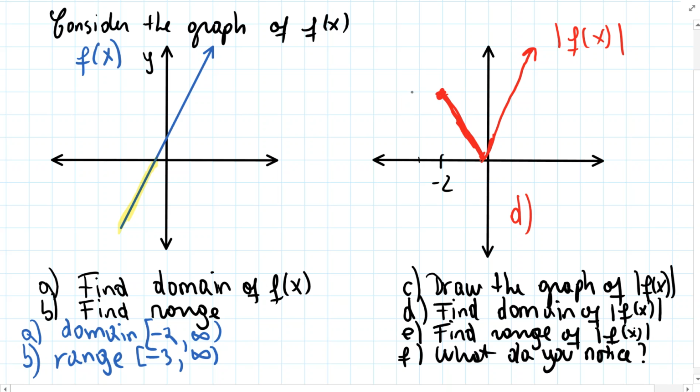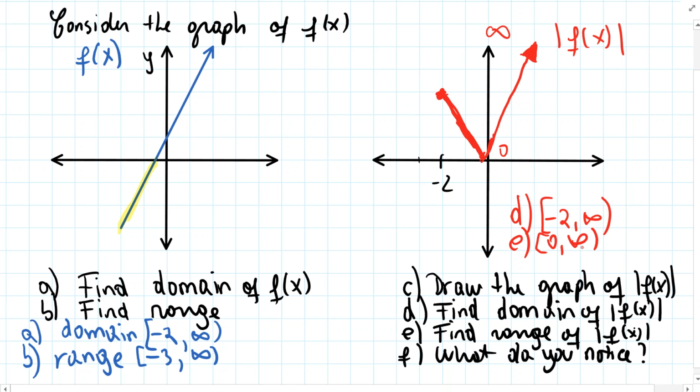So the domain is also -2 to infinity. And then the range, how about the range now? Where are the possible y values? Notice that I don't have y values below the x-axis, so they start at 0 and they go all the way to infinity. This arrow tells me that they go all the way to infinity. So the range is 0 to infinity.